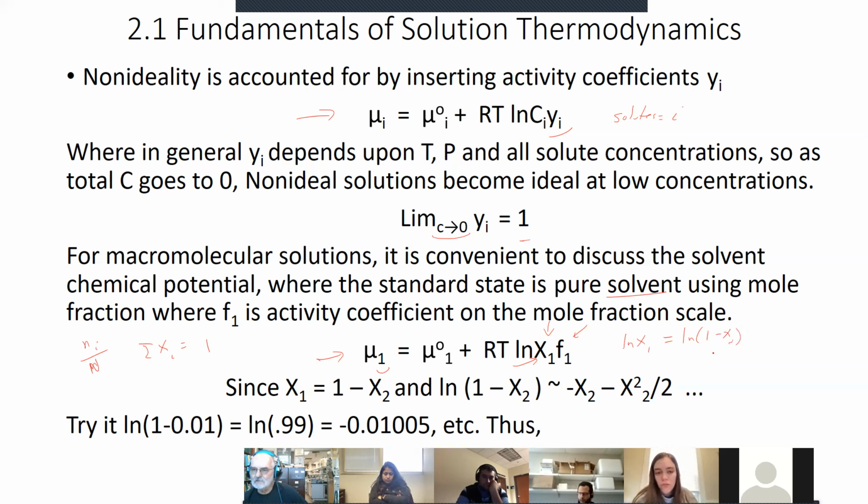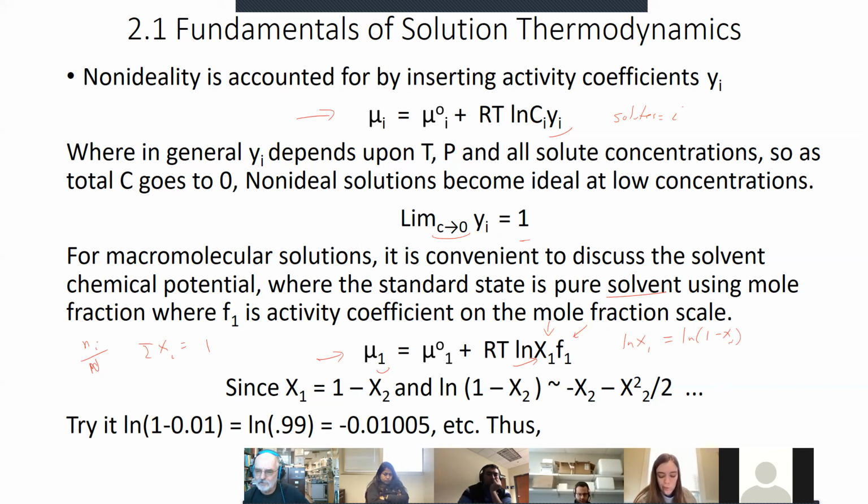Those are identical. But then we want to express this as some kind of a Taylor expansion. A Taylor expansion is a polynomial that looks like the logarithm. If you were to plot the logarithm of 1 minus x2 as a function of x2, it would have a certain shape. And what you want in a Taylor expansion is to derive an equation that looks like that logarithm function.